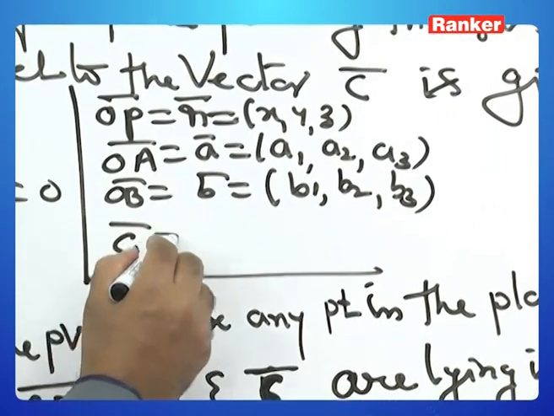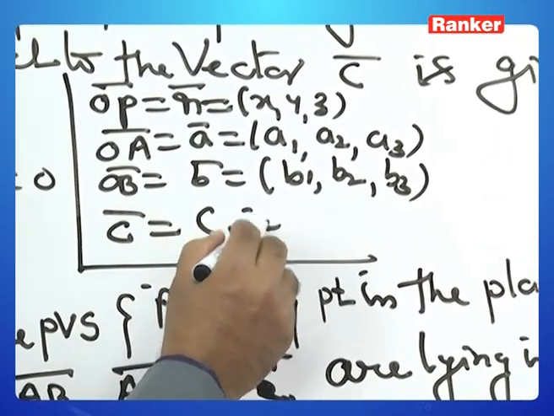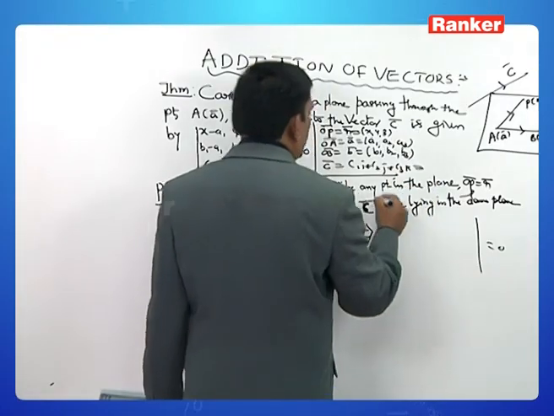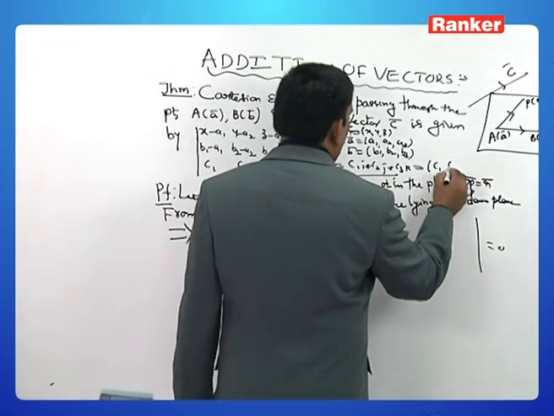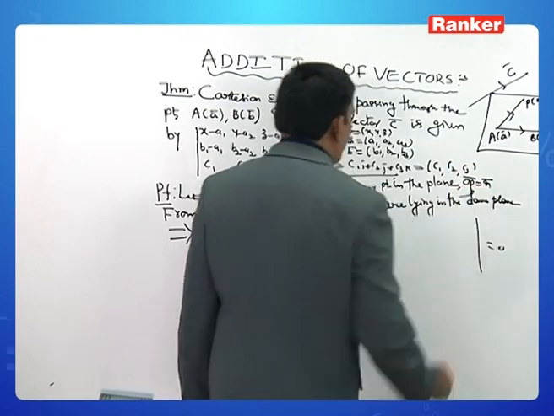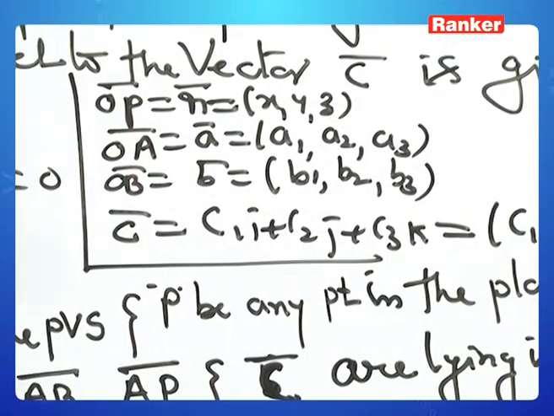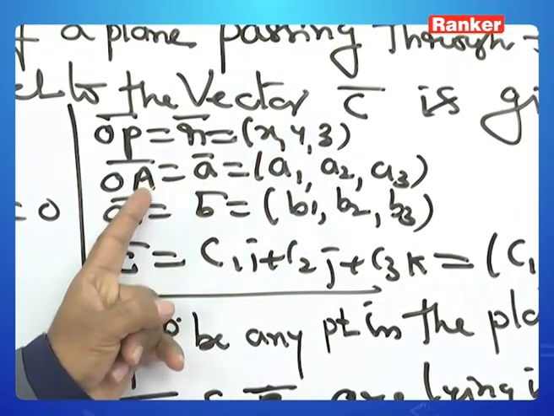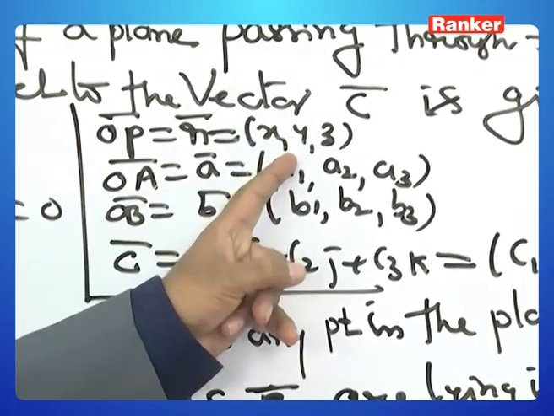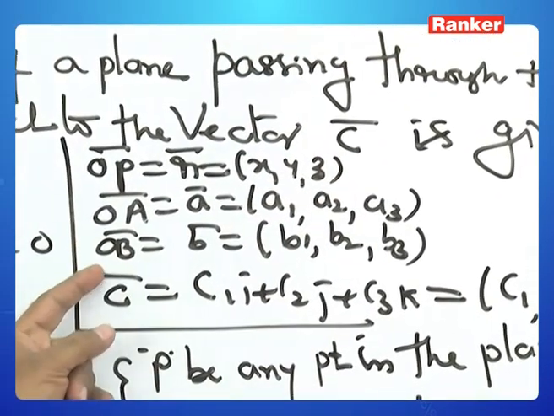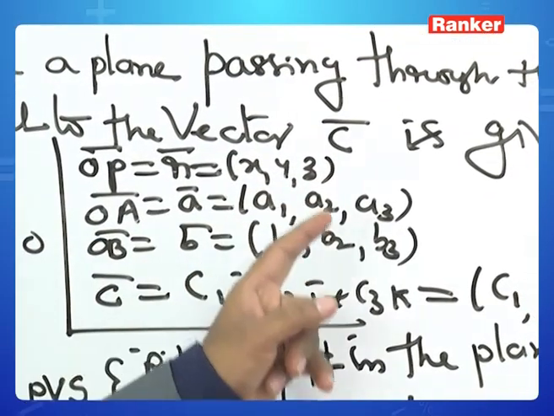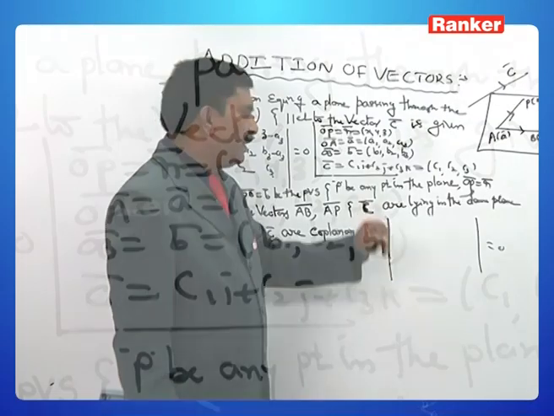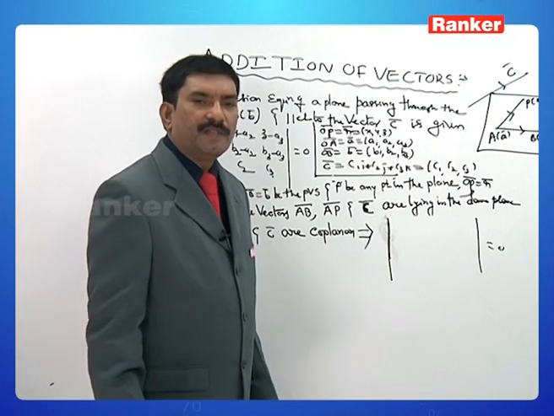C bar is the vector c1 i plus c2 j plus c3 k, or in point form c1, c2, c3. So OP bar equals R bar equals xi plus yj plus zk, OA bar equals A bar equals a1 i plus a2 j plus a3 k, OB bar equals B bar equals b1 i plus b2 j plus b3 k, and C bar equals c1 i plus c2 j plus c3 k.